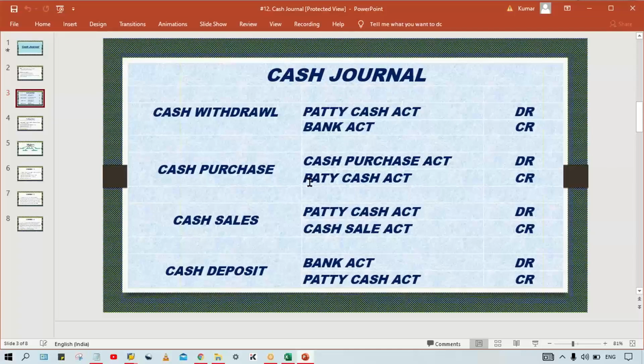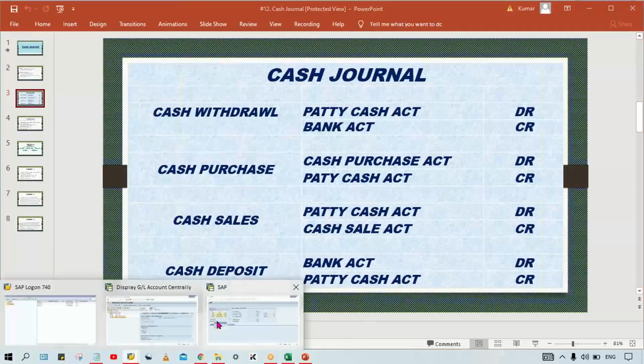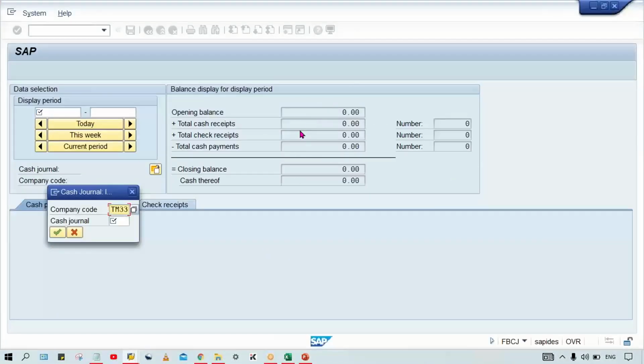If the transaction is posted through FB50, then the GL account has the perfect picture; the real account has the correct amount. But if they check the position of cash here, then what is happening?